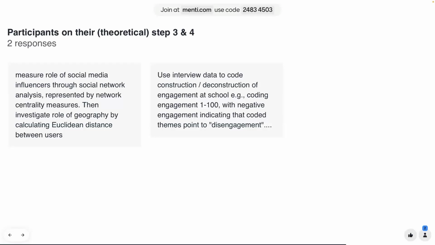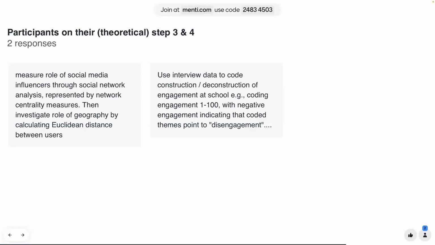Yeah, nice. So you've got that, formalizing those concepts so that a computer can understand it. Yeah, and we've got the same thing with the first one, investigating role of geography by calculating Euclidean distance between users. Yeah, excellent.